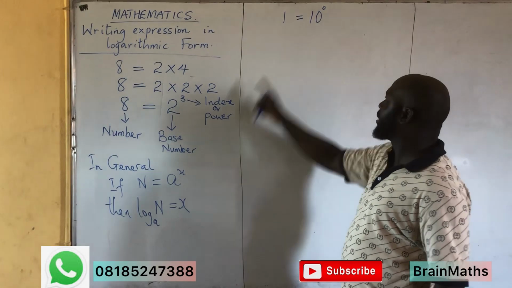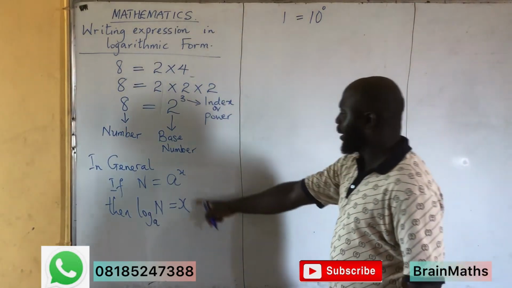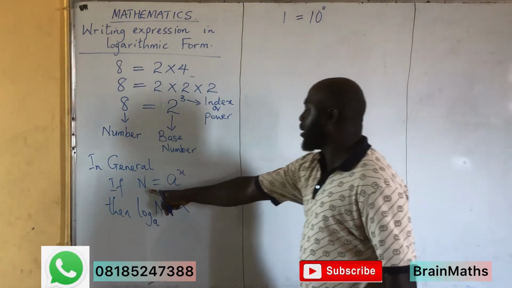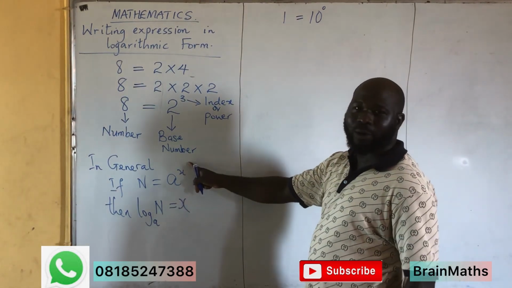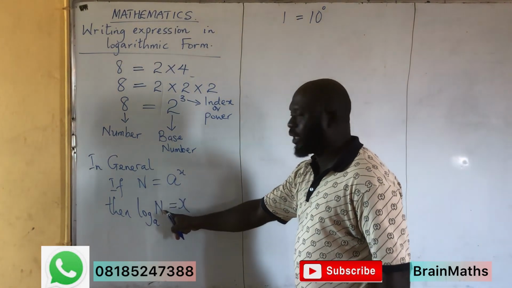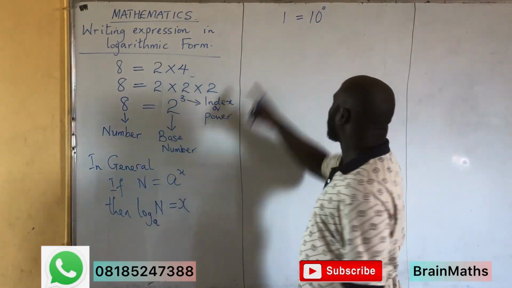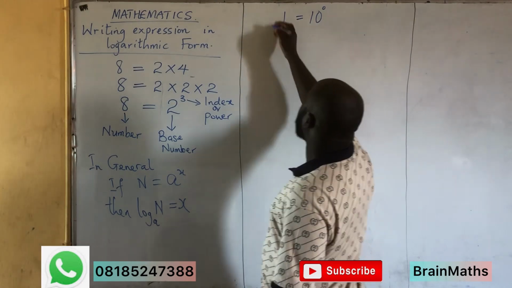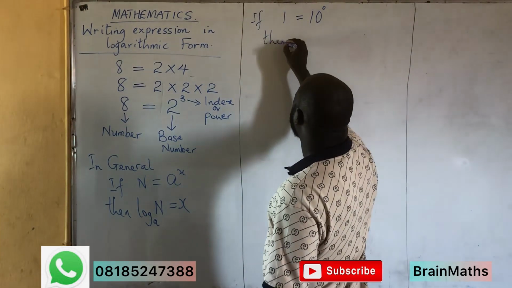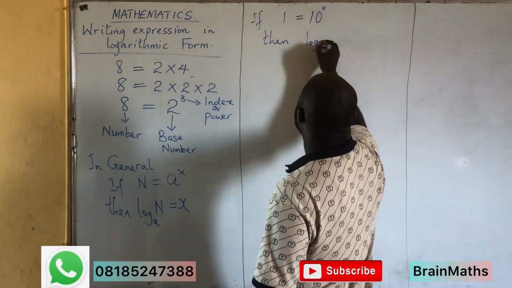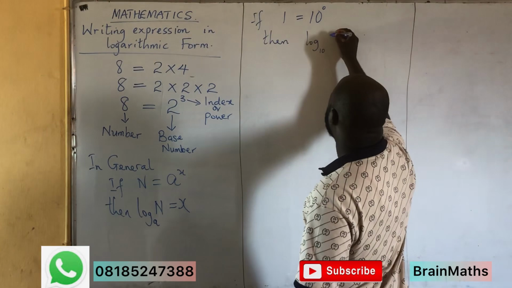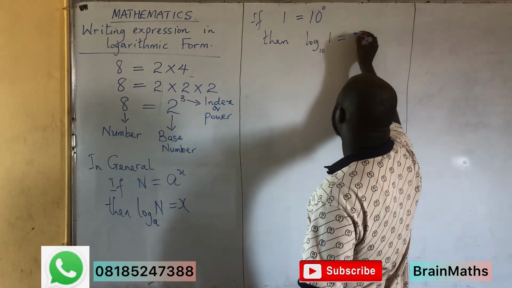For us to rewrite this in logarithm form, let us just follow this rule that says n equals a raised to power x, then log of n in base a equals the index. So let's apply the same law here. If 1 equals this, then log in base 10 of 1 equals 0.